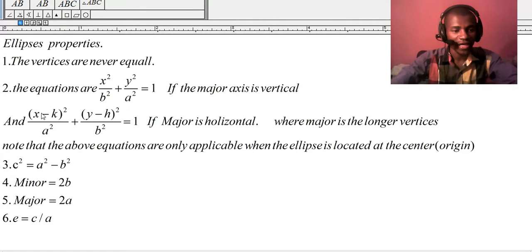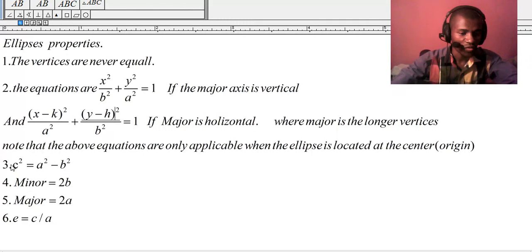We do that in the other equation too, depending on whether we are at the center or away from it. If we are at the center, there's no need to use the displacement units.